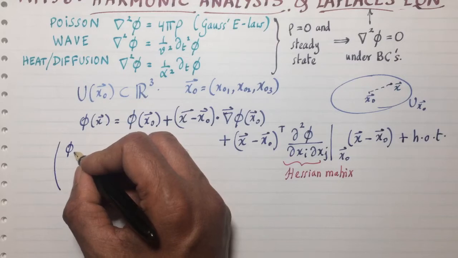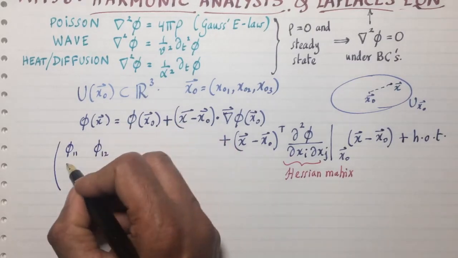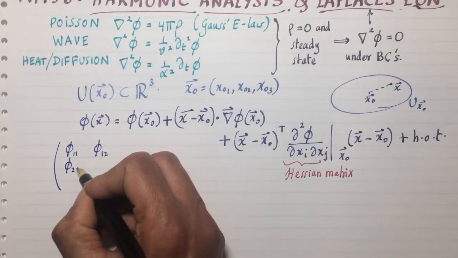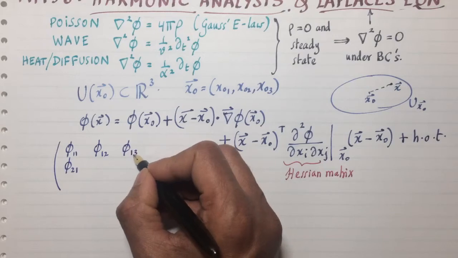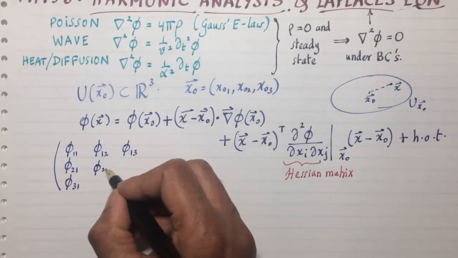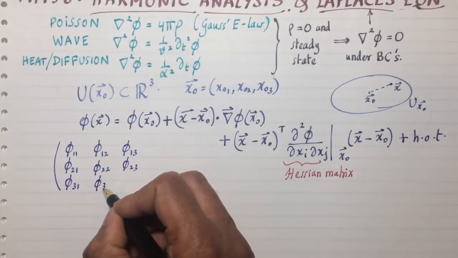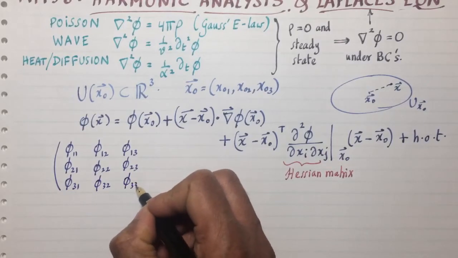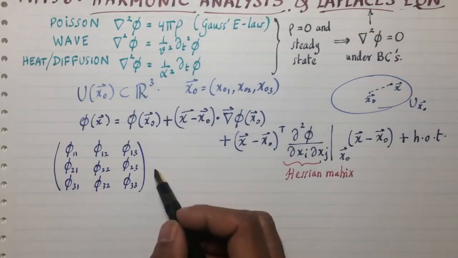So I could have phi 1,1, I could have phi 1,2, which is the same as phi 2,1 by Clairaut's theorem, and then phi 1,3, which is the same as phi 3,1 by Clairaut's theorem, phi 2,2, and phi 2,3, phi 3,2, and phi 3,3. So this could be the general state of affairs when you have a full-scale Hessian matrix.